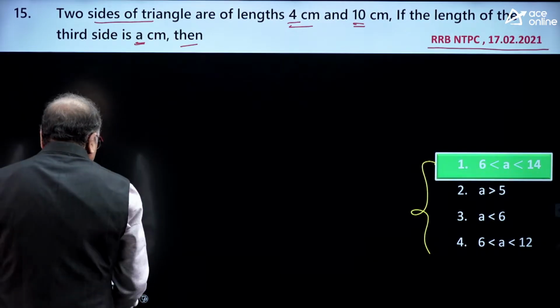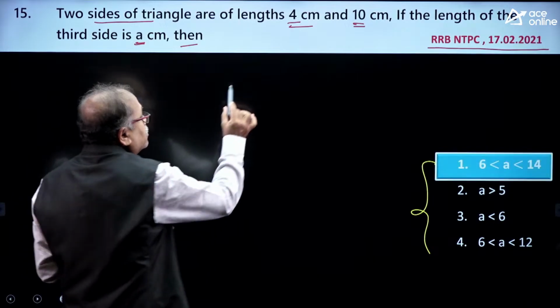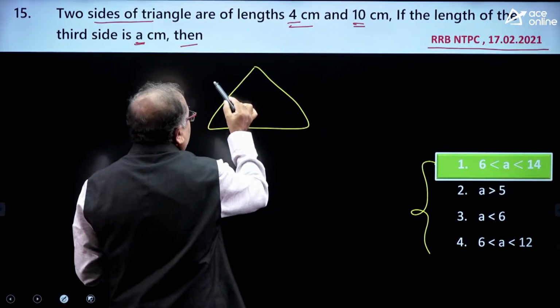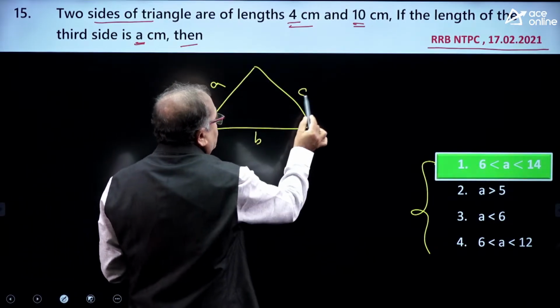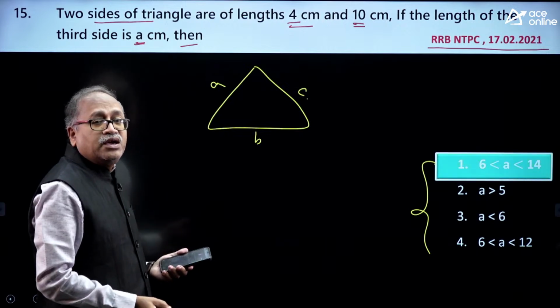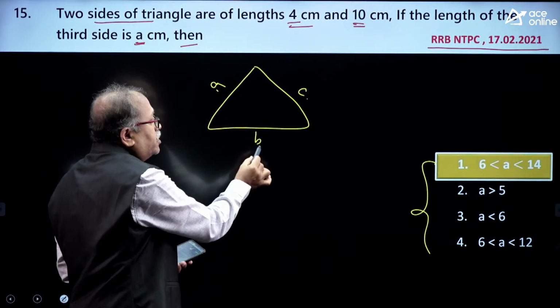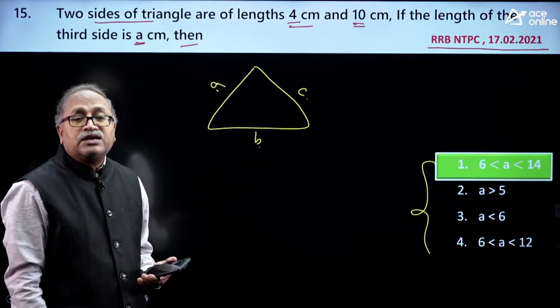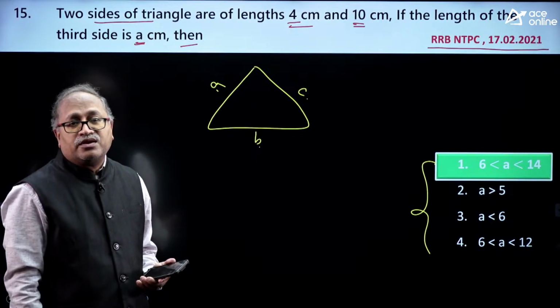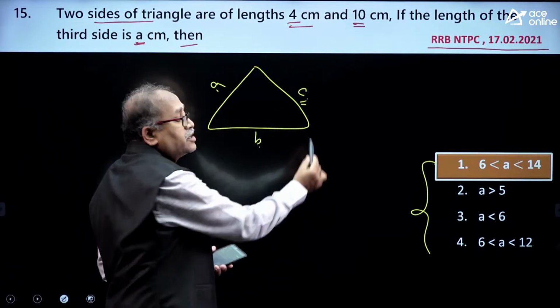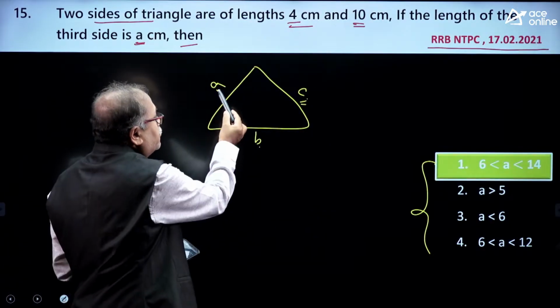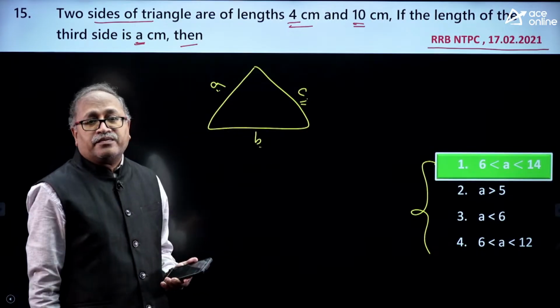What is the property of any triangle, that is A, B and C? Any side of the triangle will be less than the sum of the other two sides. Now, any side of the triangle must be greater than the difference of the other two sides.